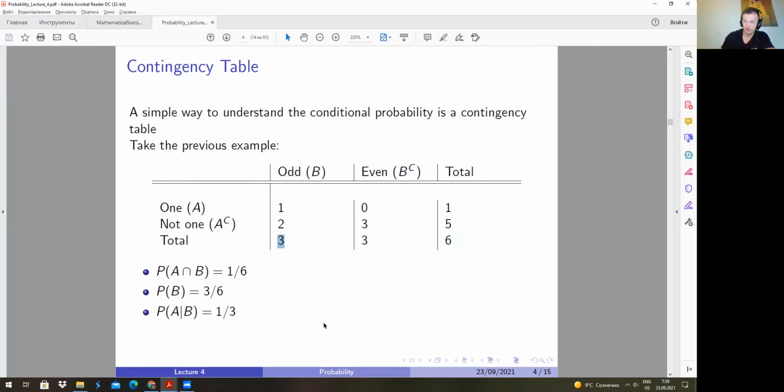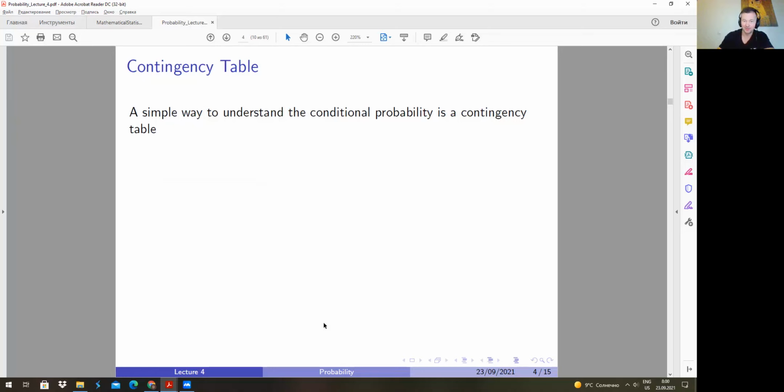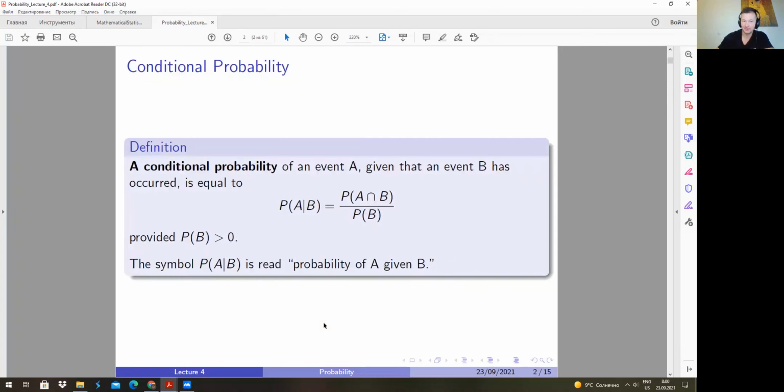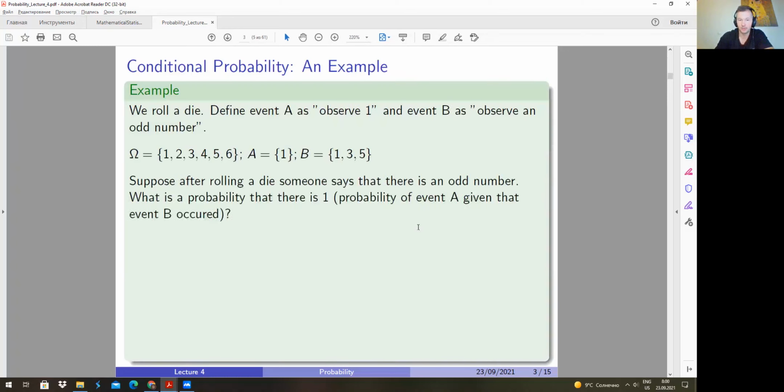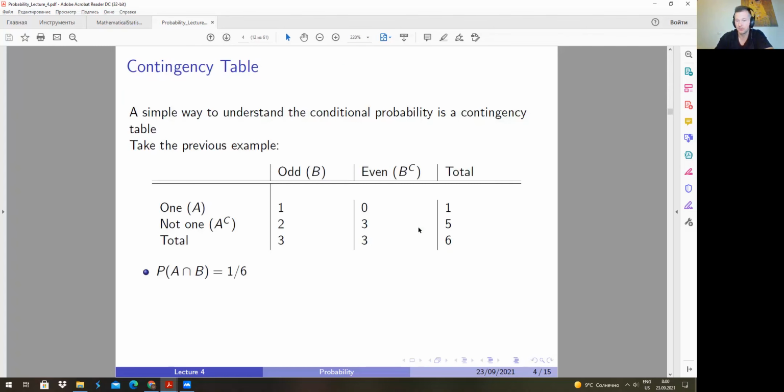So this is a simple way to calculate conditional probability, but don't relax. You need to understand also this formula, the previous one, because in some cases the formal approach to this calculation is still needed. But whenever you can, use these contingency tables and they will save your life and they will give you a clear picture of what's going on.